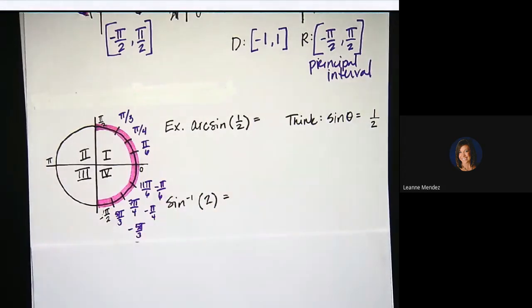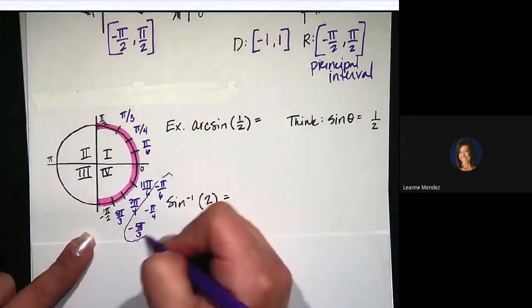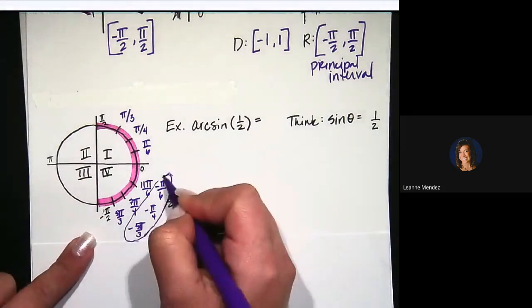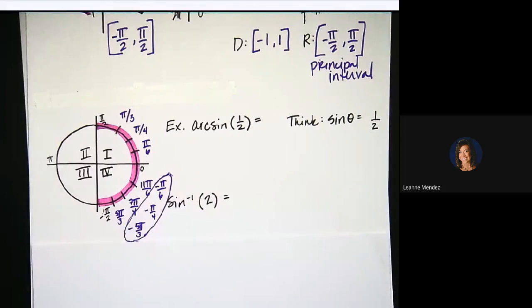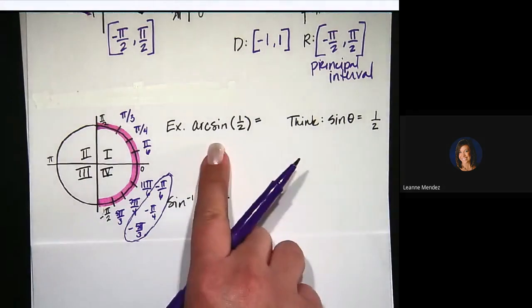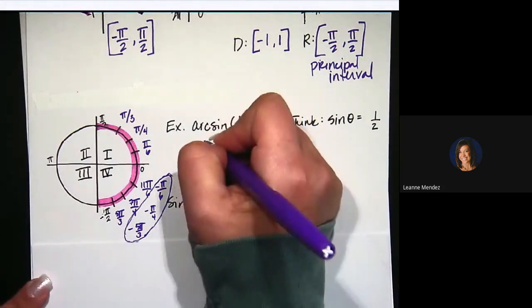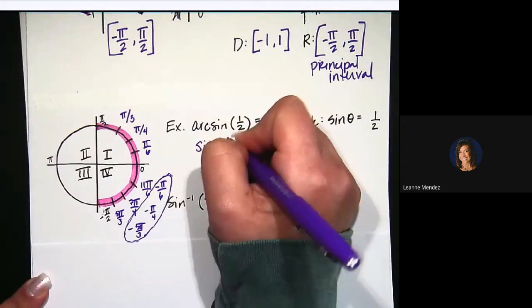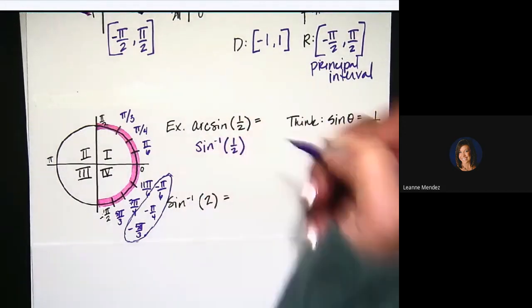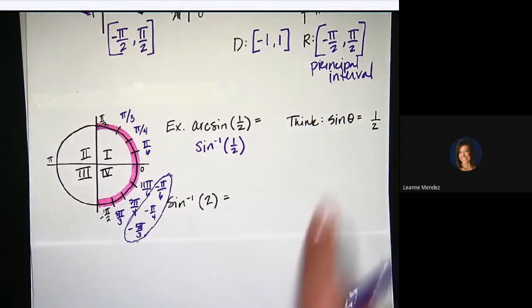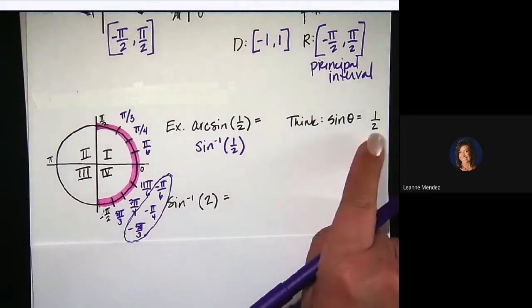Okay? These are the ones we will want to use. So we know them as the positives, but we need to express them as negatives when we evaluate. Okay, so arc sine, remember that's the same thing as sine inverse of 1/2. They're the exact same thing. I want to think what sine angle gives me 1/2.